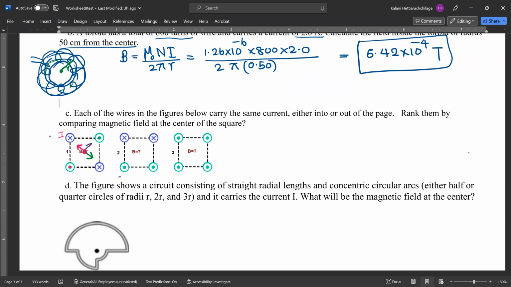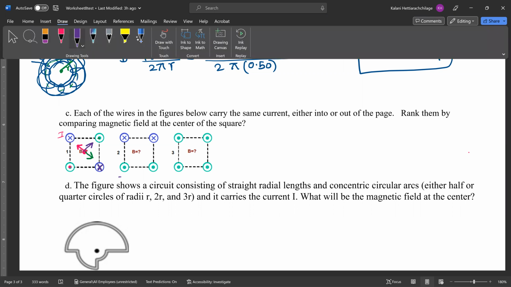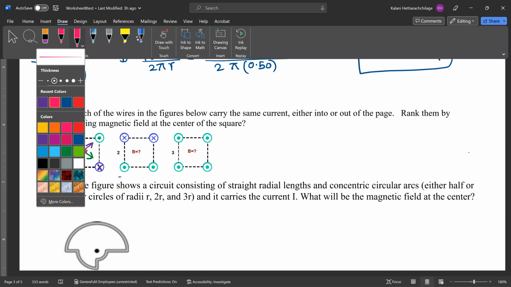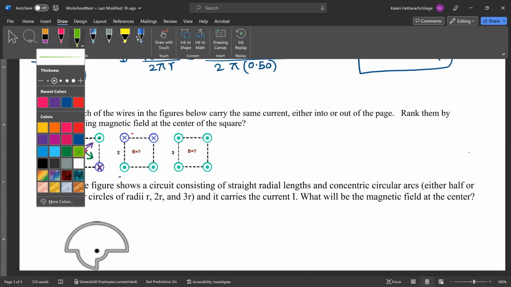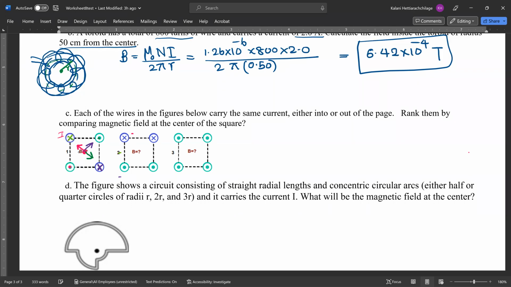It will create the magnetic field in this direction. And then you take the top one, in a different color, this green, also inward. Then your magnetic field will be exactly the opposite direction, same size. So now the magnetic field from all 4 wires in the first diagram will be 0. Follow the same pattern for the other ones too. Now we're going to move into the next one.